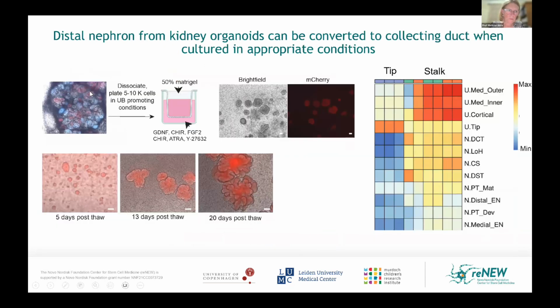So we showed from a kidney organoid, we could take out the cells that we wanted, grow them in a certain media condition, and end up over 20 days making these cauliflower-like structures that, if we change the growth media again, move from being an early collecting duct tip to being a branch or a stalk, which is what we expect is the target cell that is affected by PKHD1 mutation.